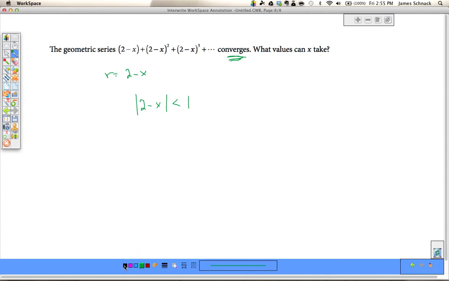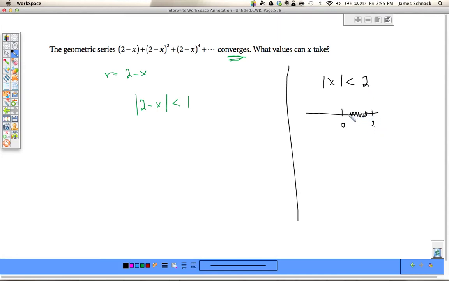Well, how do we solve something like this? Sidebar: the absolute value of x is less than 2. This means the distance from x to 0 on a number line has to be less than 2 units. So here's 0. I want x to have a distance that's less than 2. There's 2.